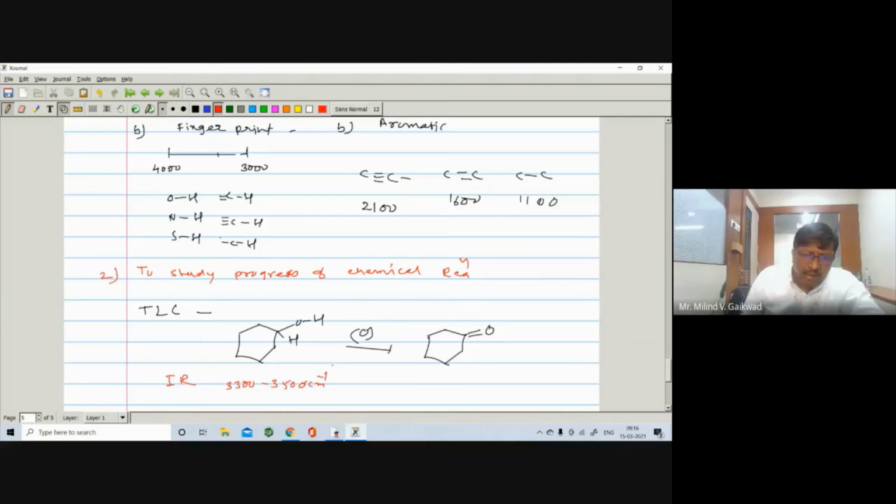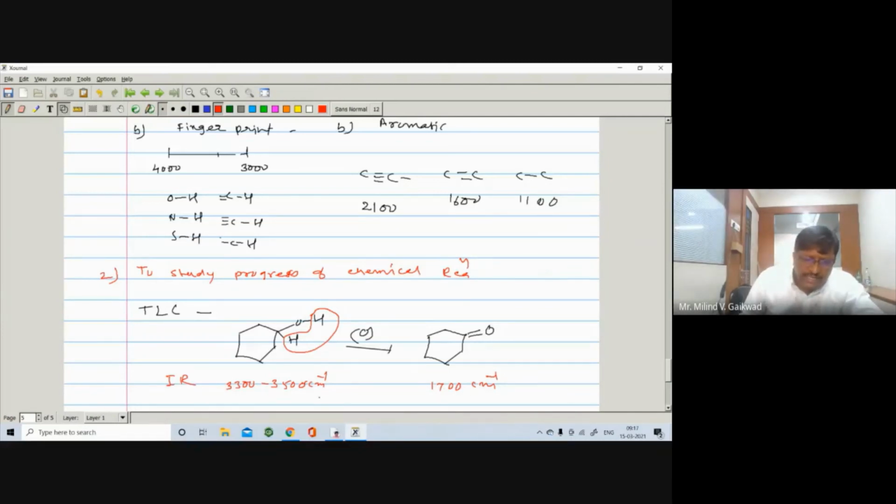But if it undergoes oxidation, there is a removal of hydrogen and a formation of a ketone, and the vibration will appear at 1700 centimeter inverse. So there is a change in the band.